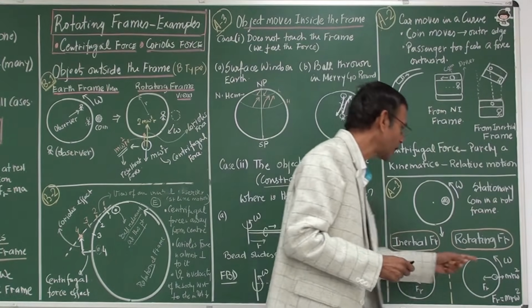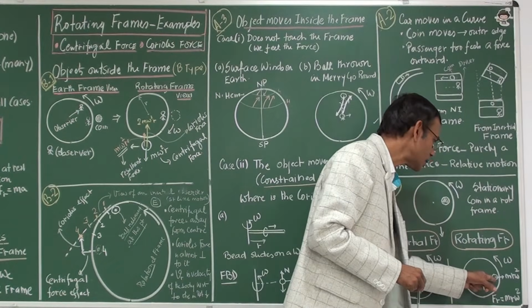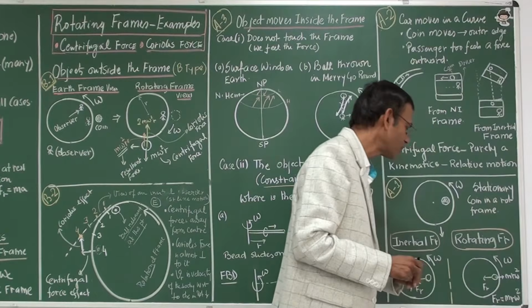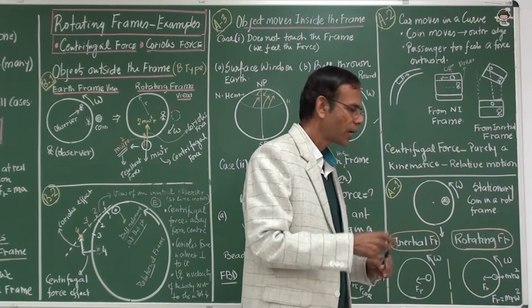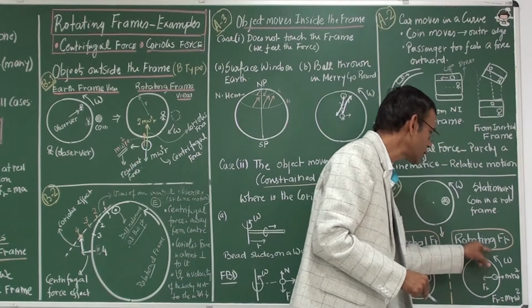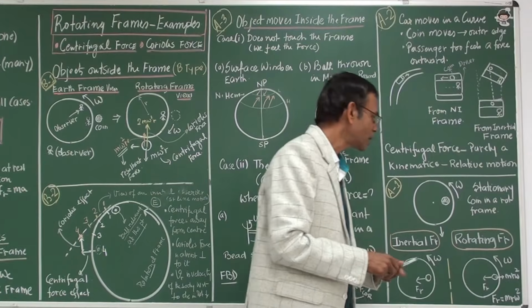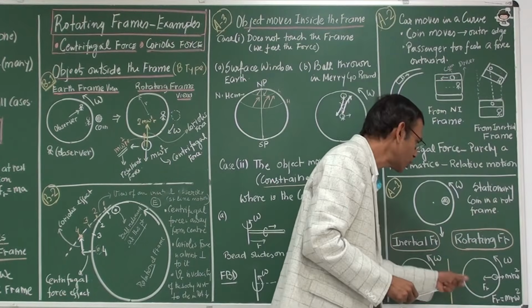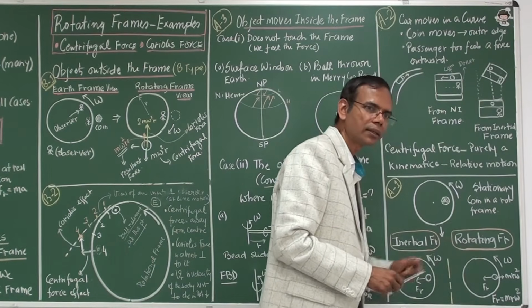That is what we are trying to understand here. Now, this coin is in a state of motion and wants to continue in that state of motion. But because of the friction, it does not. So it is moving along with this frame.